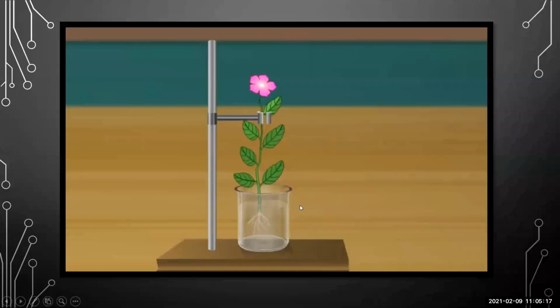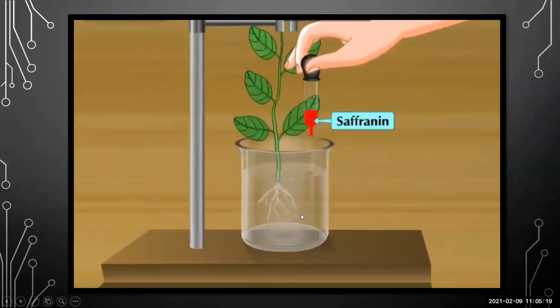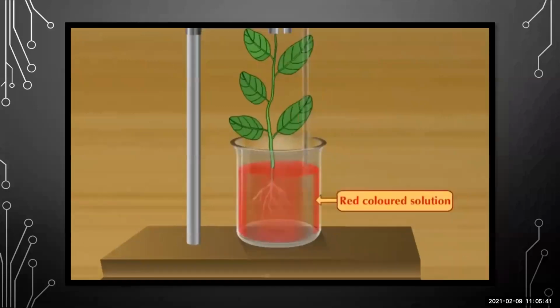In that water, 2 to 3 drops of dye have been put, like safranin, or we can take the eosin dye, which is red in color. We have to keep this apparatus like this for 2 to 3 hours.